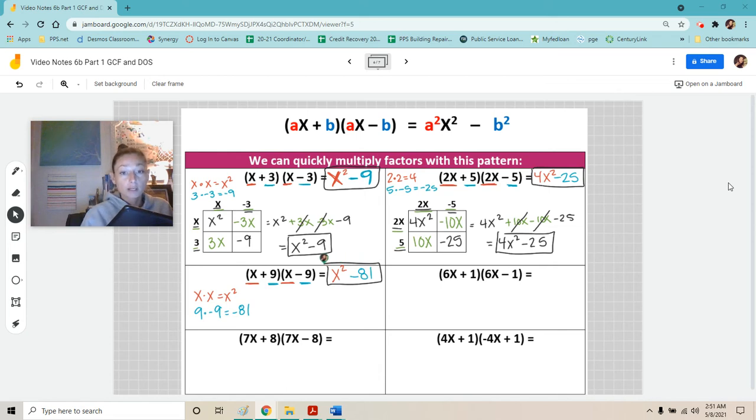So we just really quickly multiplied those two factors without needing an area model. 6x plus 1 times 6x minus 1, same idea. 6x times 6x, 6 times 6 is 36, so that'll be 36x squared. And then 1 times negative 1 is negative 1, so that'll be minus 1.